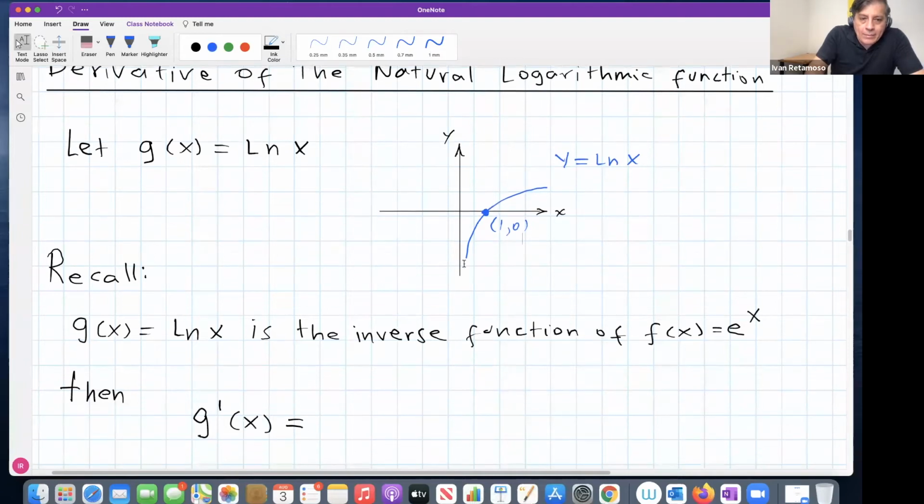For that, recall g of x equals natural log of x is the inverse function of f of x equals e to the x, that we just studied before. And we have a way to compute the derivative of this function, so we can use properties of inverse functions and figure out the derivative of the inverse function of this guy, which is going to be the derivative of natural log of x.